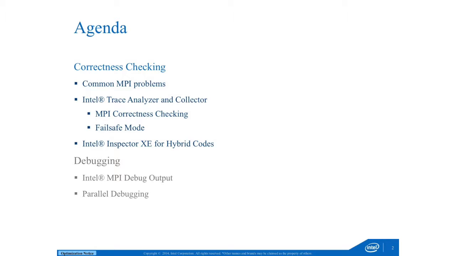This is not shown because I will only go on the MPI part, but then you would go for Inspector to check for memory problems or for threading problems. So the thread checking in Inspector is really recommendable. If you haven't heard of it, this is a tool to really find problems in threaded code.